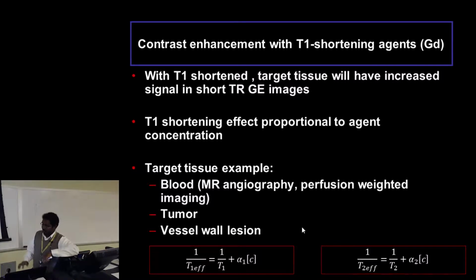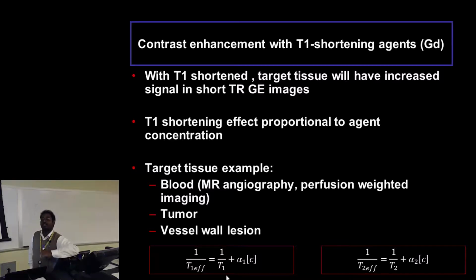So if you want to capitalize on T1 effect, then what are the parameters that you would use? If you want to see T1 change, what should your sequence parameters be? Short TR, short TE. Right. So if you use a short TR, short TE experiment and you inject the contrast agent, what you would see is the T1 effect of the contrast agent, because you're using short TE, so you won't see any T2 or T2 star effects.